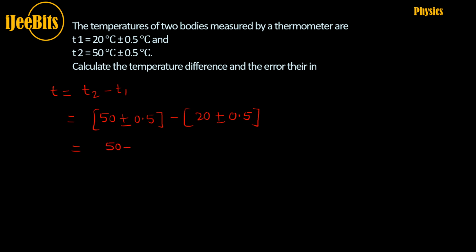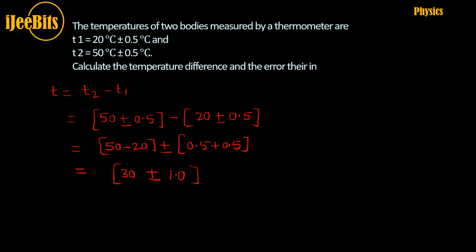However, the error should be added. So plus or minus 0.5 plus 0.5. 50 minus 20 is nothing but 30. Plus or minus 0.5 plus 0.5 is 1.0. This is your answer.